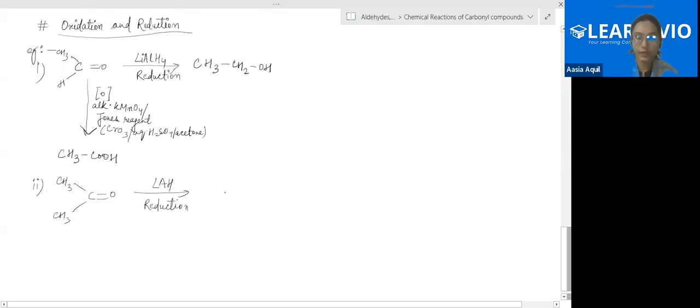That's the difference between aldehyde and ketone. On reduction, aldehyde will give you primary alcohol, but on reduction, this ketone will give you secondary alcohol. What will be the product? CH3, here CH, CH3, and here OH. This is 2-propanol, which is secondary alcohol.